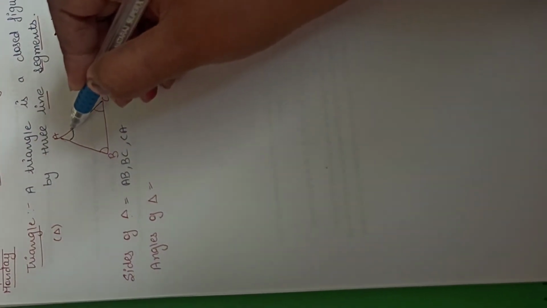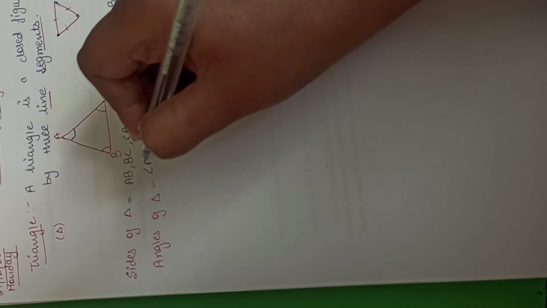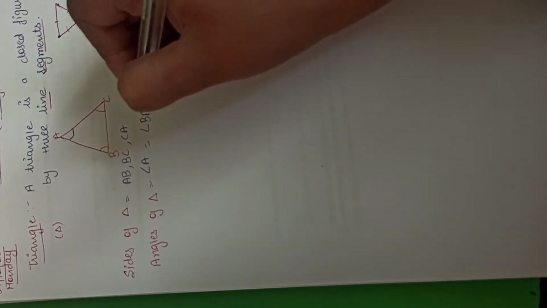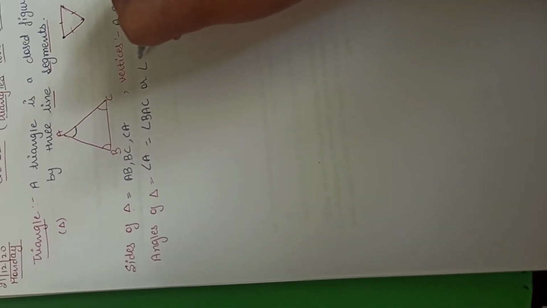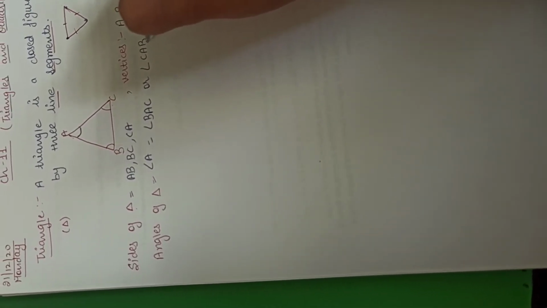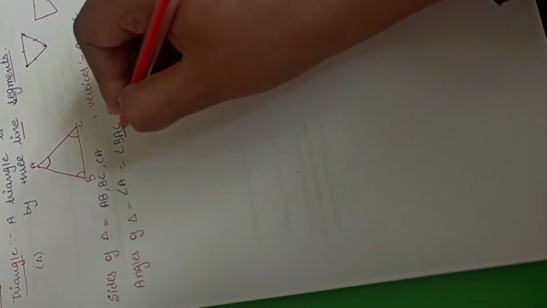See, अगर आपको एंगल A रिप्रेजेंट करना है, so you will write angle BAC, or you can say angle CAB. Clear my point? जो आपकी मिडल टर्म आएगी, here is A, the middle one.